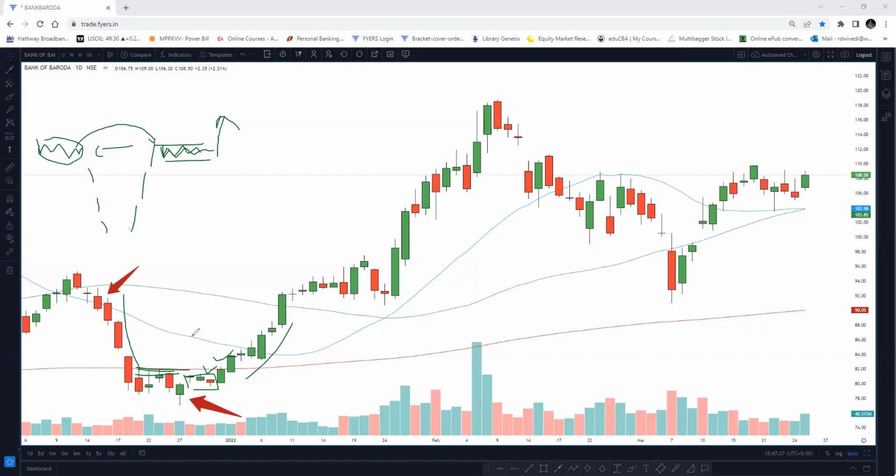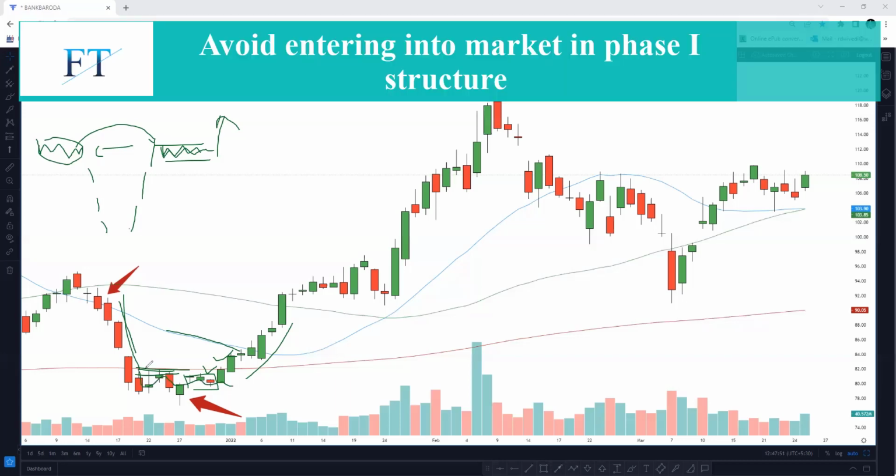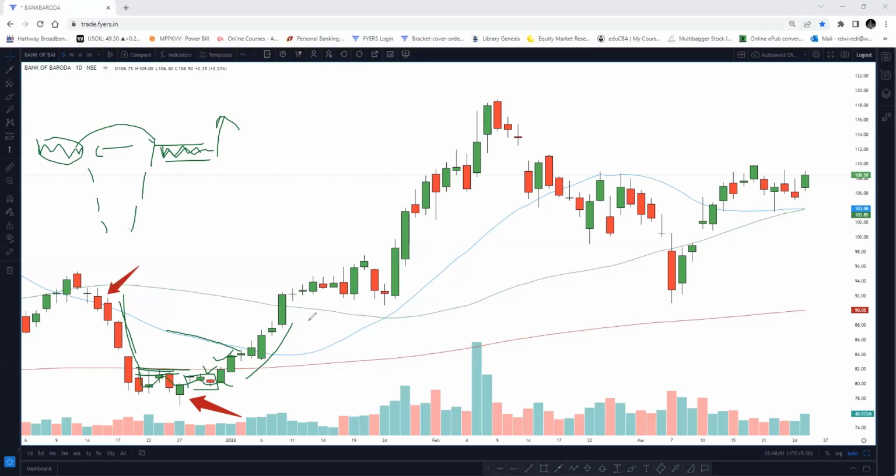But because we are still below the declining 20 MA, we should be very careful, because we have had a very strong downside movement, right? So this is a phase one kind of accumulation, where the smart money is accumulating the prices. We should wait for a proper structure, a proper breakout, then we should go long in this market.